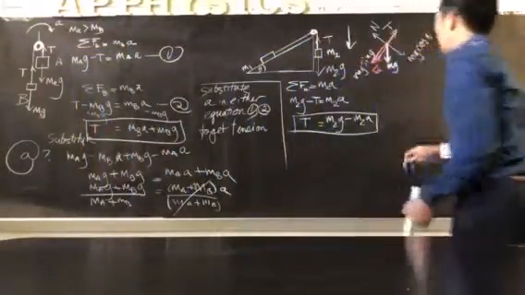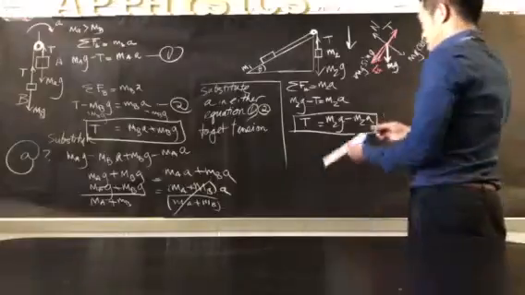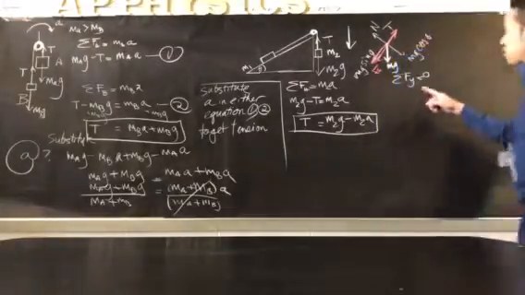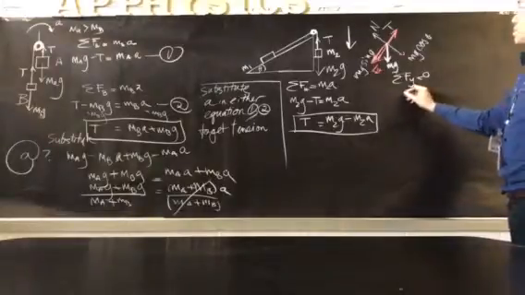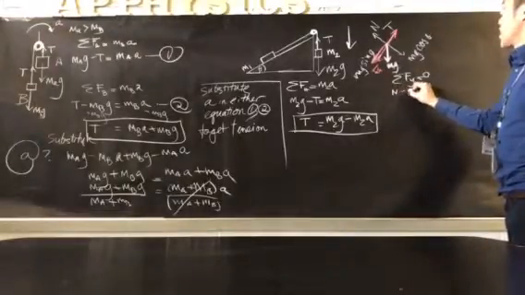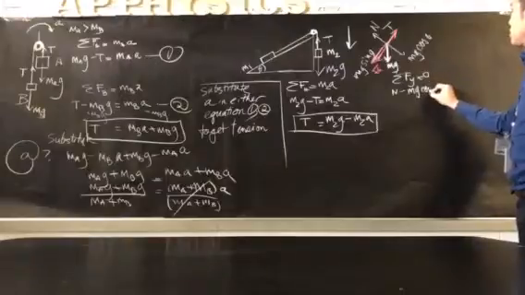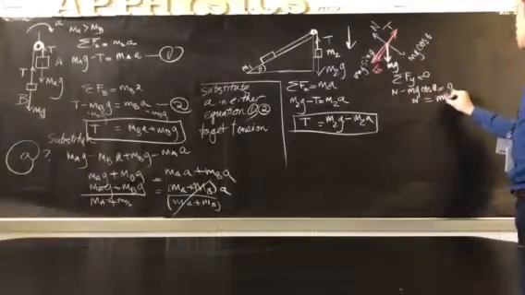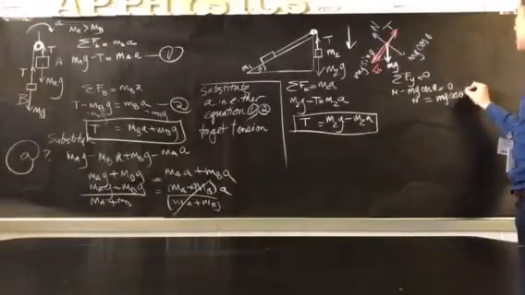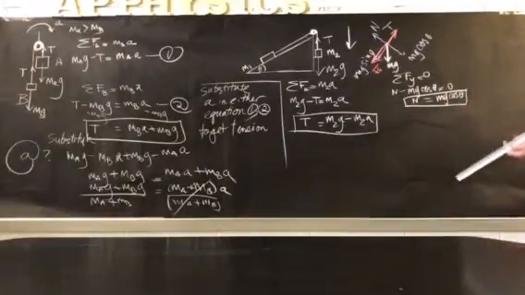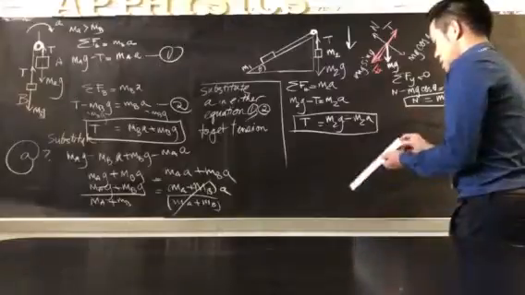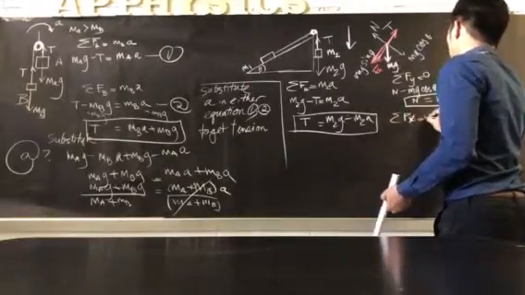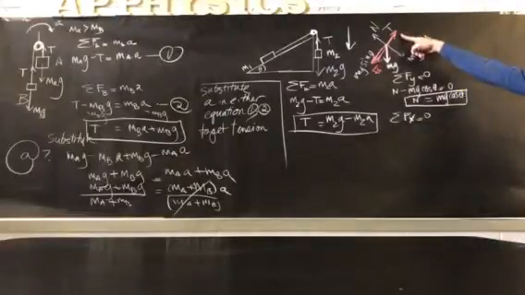For this one, we're going to first work in the y direction to figure out the normal force. So that would be the normal force minus mg cosine theta is equal to 0. So the normal force is equal to mg cosine theta. That's your normal force. Now we're going to consider sigma Fx is equal to 0. How many forces are in the Fx? 3.